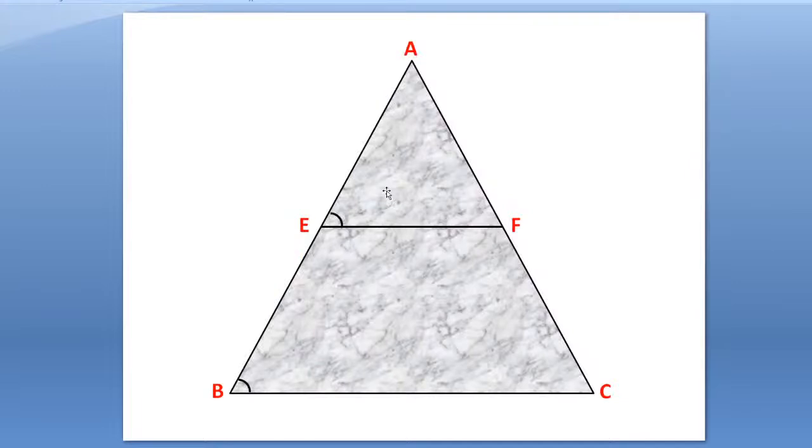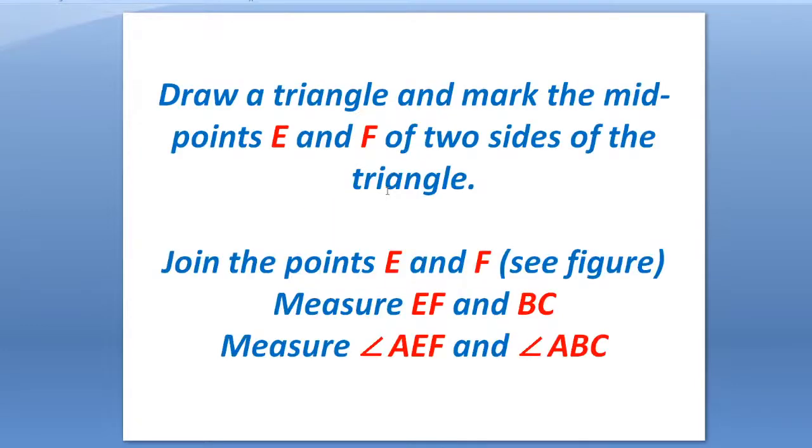See here, ABC is a given triangle, E is the midpoint of side AB and F is the midpoint of side AC. Draw a triangle and mark the midpoints E and F of two sides, join the points E and F, and measure AEF and ABC.